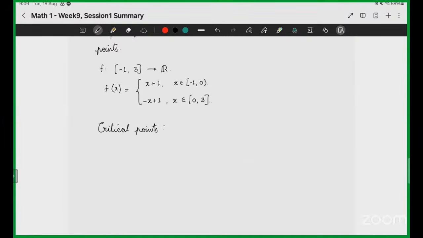So remember what we said about critical points. This has to be either points where the derivative does not exist or where it vanishes.